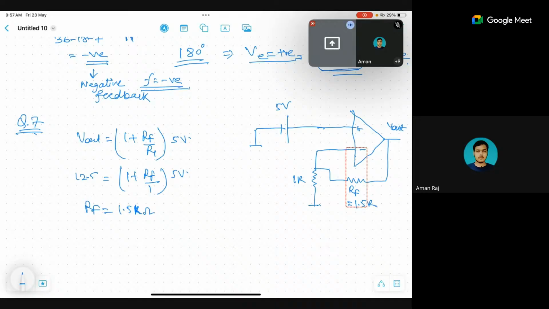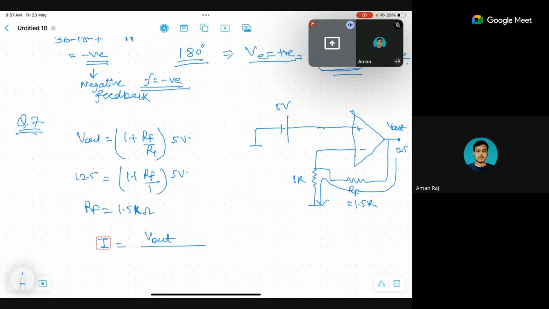Okay. Now they are asking in the same question the current flow. Okay, so V out is 12.5. Now this is the direction of current that is flowing from V out to ground. So I is what?